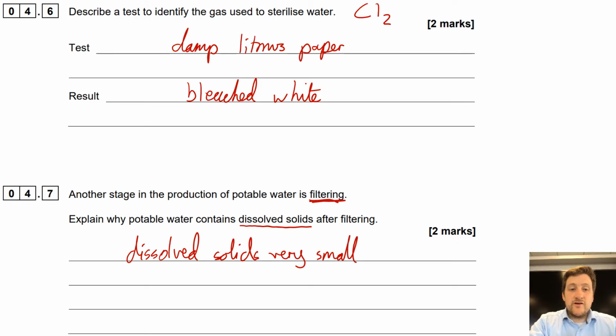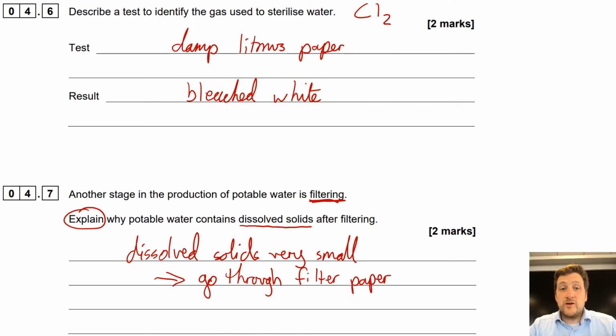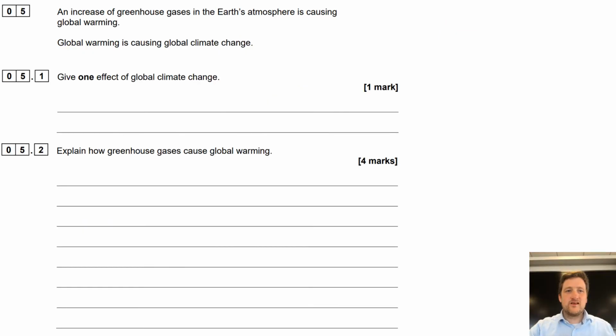And because the dissolved solids are very small, they go through the filter paper. Filter paper only filters out those solid particles that are larger than the filter paper holes. These dissolved solids are very small, so they go through the filter paper.